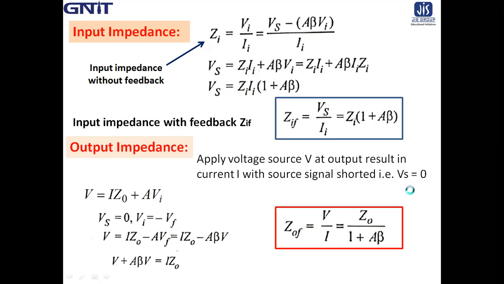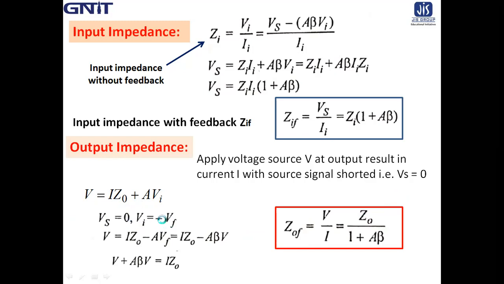So let Z0 be the output impedance of the amplifier in absence of feedback. Then voltage V equals I into Z0 plus A Vi. Now we have already taken Vs equal to 0.